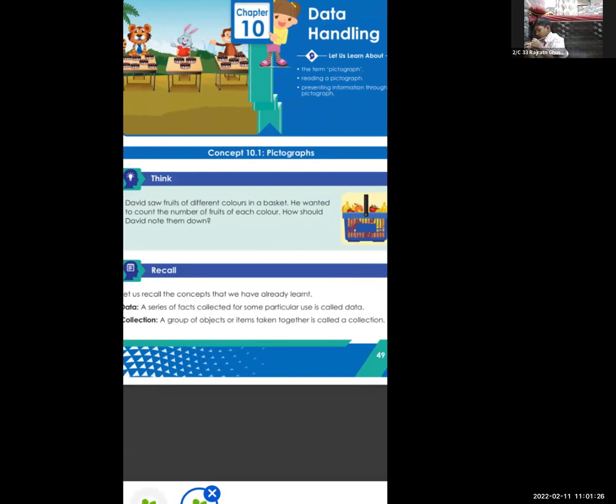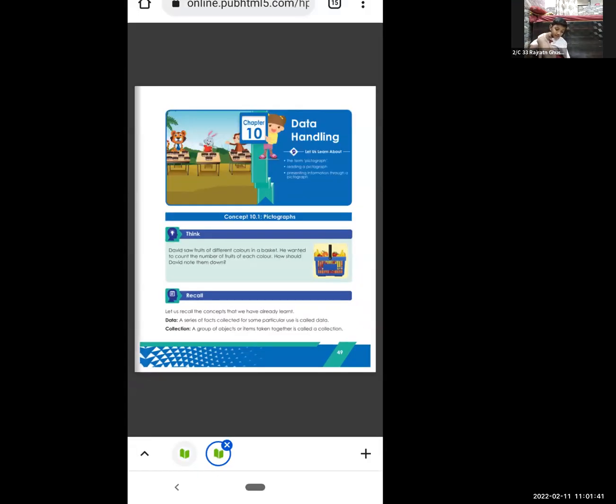So data means the whole things we collect in a particular series, and the collection is when we keep those things all together. Like this way we are going to see data handling. Let's see how to handle the data.